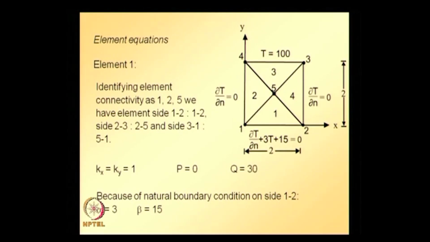So, alongside 1 2, compare the given natural boundary condition with the boundary condition for the general 2-dimensional boundary value problem, and identify alpha and beta. Alpha is 3 and beta is 15, it can be easily verified. So, we have all the information.